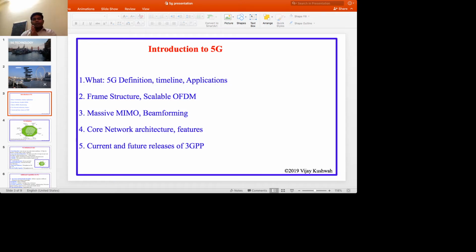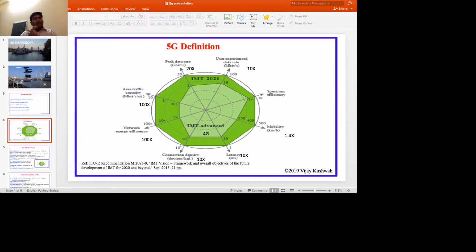For 5G technology, we'll start with the 5G definition. Basically, 5G is defined by what is called IMT-2020.